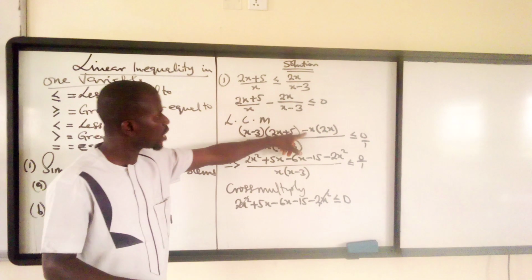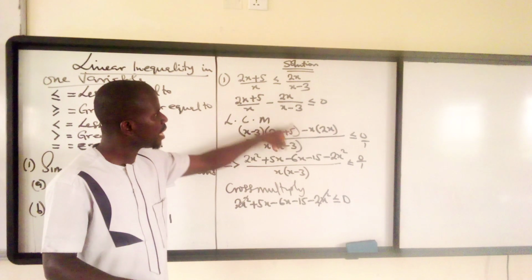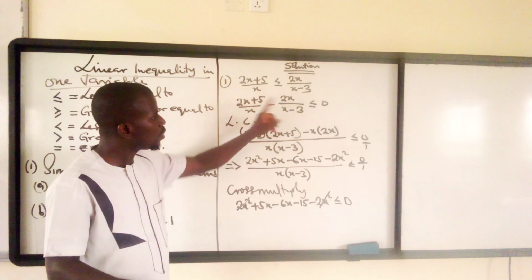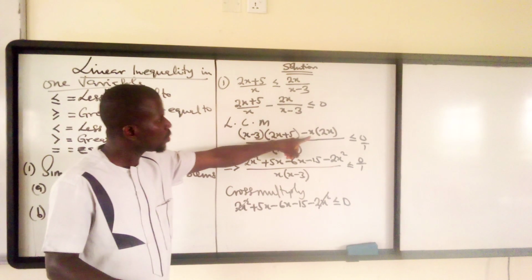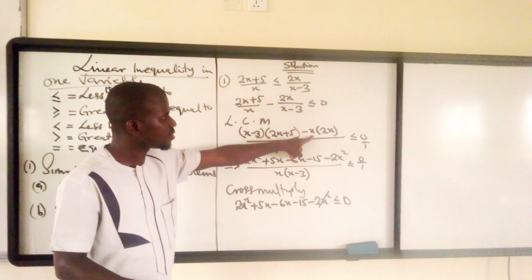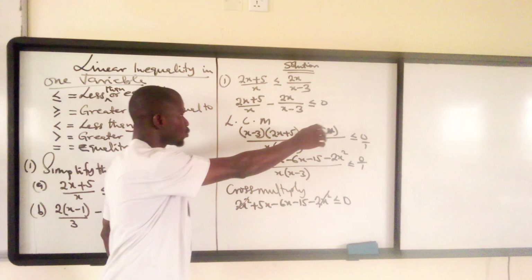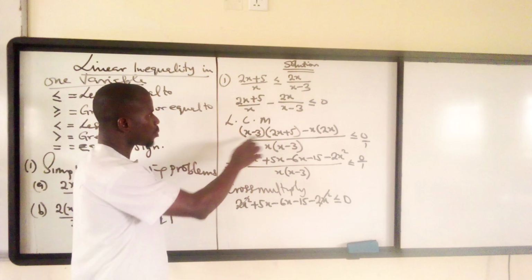Minus, this minus, we have it here. Then x(x - 3) divided by (x - 3) will leave us with x. Then x times the numerator 2x, we have it as minus x into 2x. Right now it's less than or equal to 0 over 1. Now the next thing is to open our brackets.